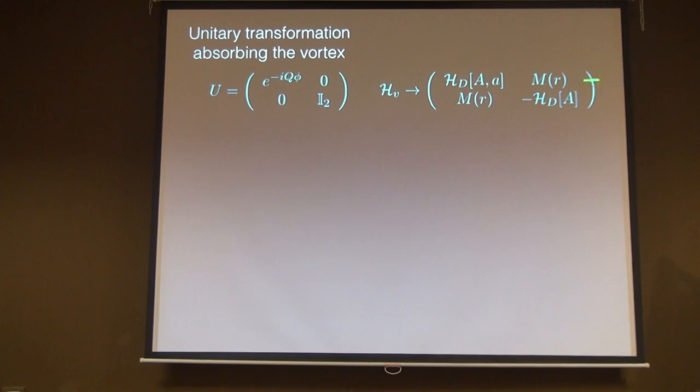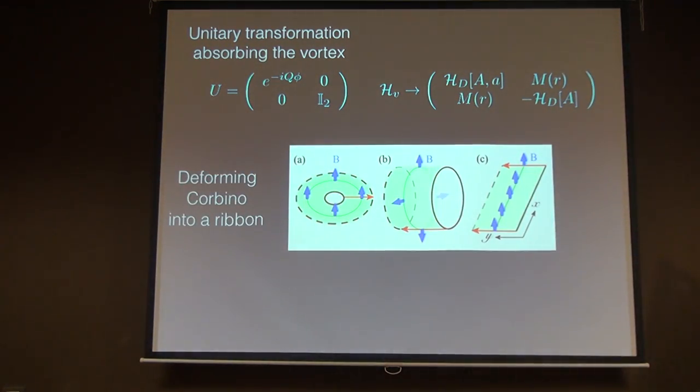So there's no vortex here anymore. Because I don't have so much time, we can do some deformation that changes a Corbino geometry into a ribbon, and from a ribbon we change it into a simple stripe, in which we have to connect the upper edge with the lower edge.